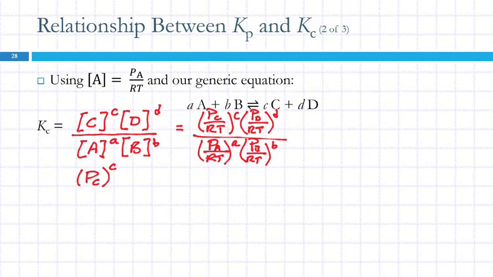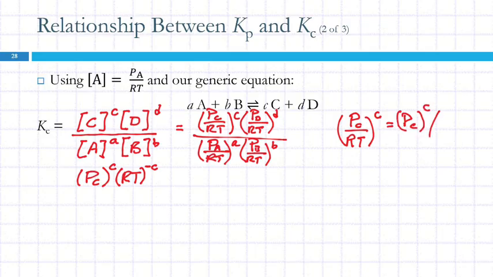What's the best way to do this? Well, let's use negative exponents. RT to the negative C power. So this is equal to PC to the C power times 1 over RT to the C power, right?